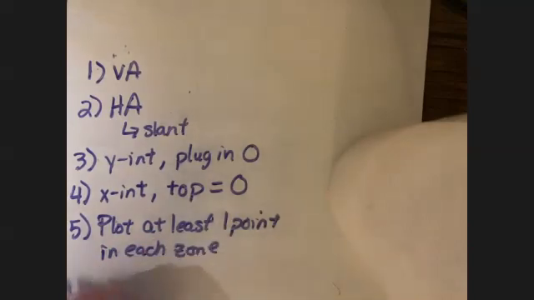Now, I'm going to put symmetry down here. The book puts symmetry a little bit higher up. I don't, because a lot of our rational graphs do not have symmetry, so it's not going to exist. So I don't rank it real highly, and then we put all this stuff together.